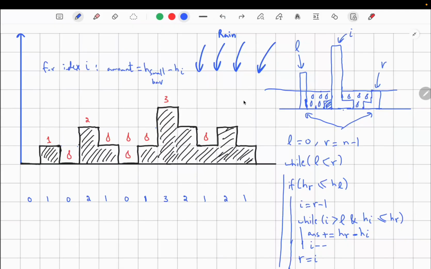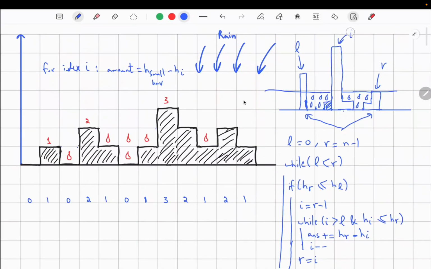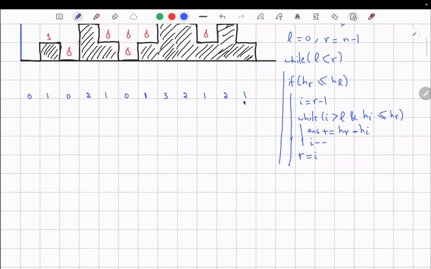So we get out of the while loop and set R equal to I. So let's set it now. So R is here and I is gone. And now we get to the while and we do the algorithm again.